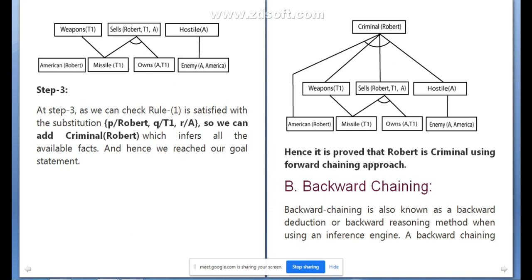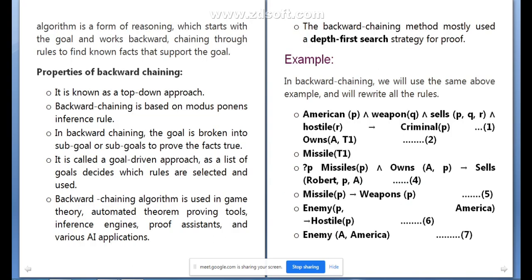So backward chaining is also known as a backward deduction or a backward reasoning method when using an inference engine. Backward chaining is an algorithm in the form of reasoning which starts with the goal and works backward, chaining through rules and finding the known facts that support the goal.